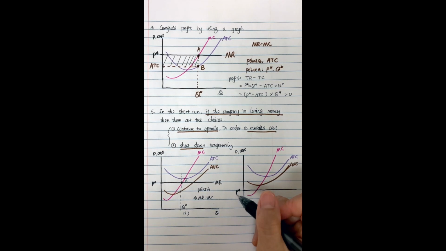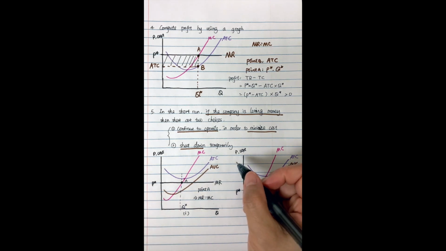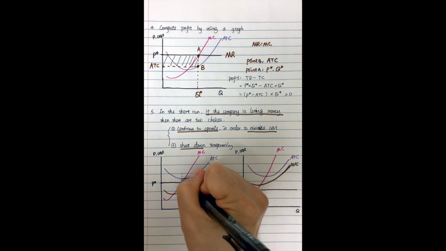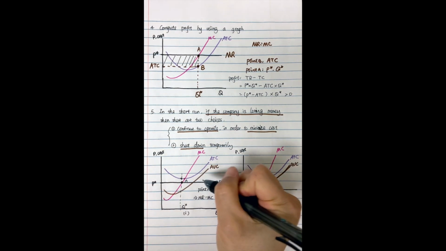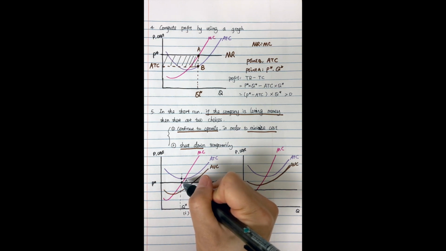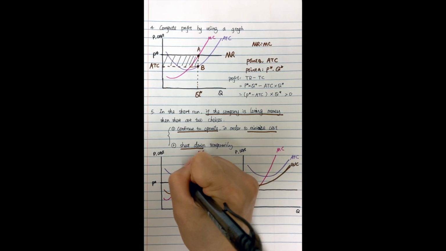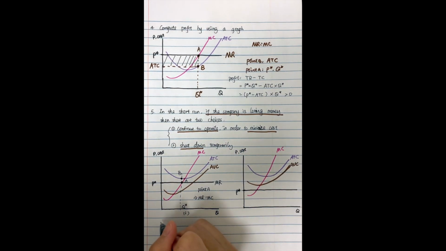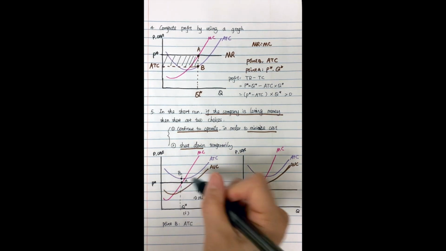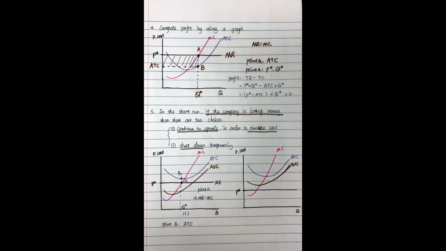And then you can also find out the average total cost, right? So here will be at this point. At this point, it will be the corresponding point on this vertical line on their average total cost. So I can mark it, this is our point B. So at point B, here we can find out the average total cost. Okay, so I will just mark it here.